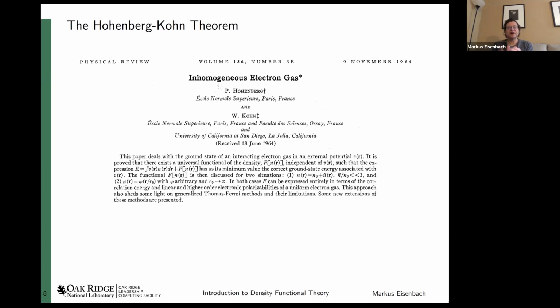But the probably most popular and widely used approach of dealing with this is density functional theory. And that basically starts out with this paper from 1964 by Hohenberg and Kohn, which actually shows that at least in principle, you don't need the full wave function, but actually can get away just with the electron density.